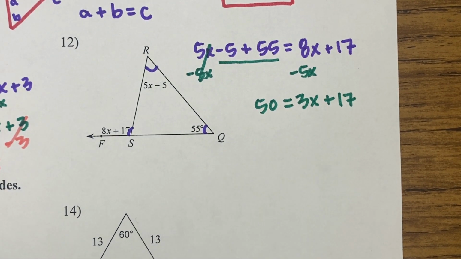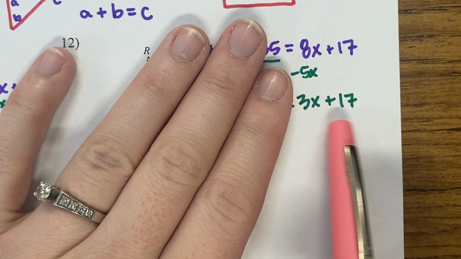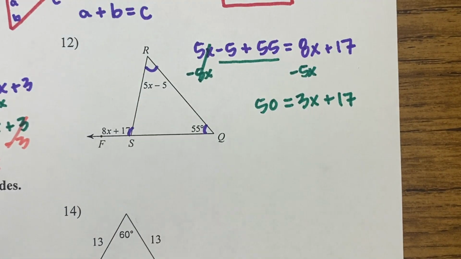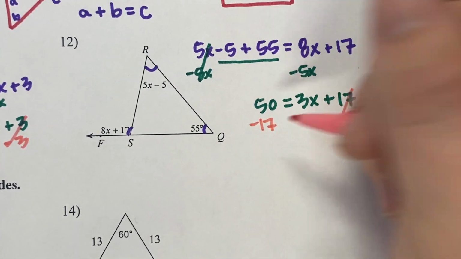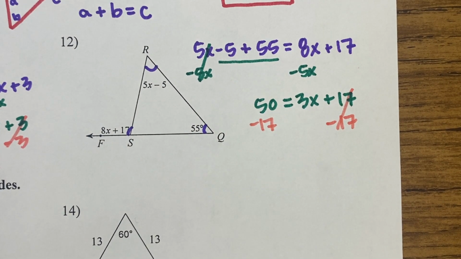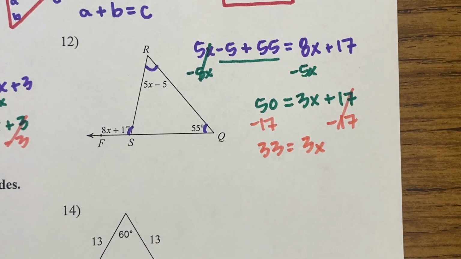Now I can solve for x. I can start getting rid of things. Looking at my side with my x, I need to get rid of the 17 first because it's farthest away. So we do the opposite. Subtract 17 from both sides. 50 minus 17 gives me 33 is equal to 3x.